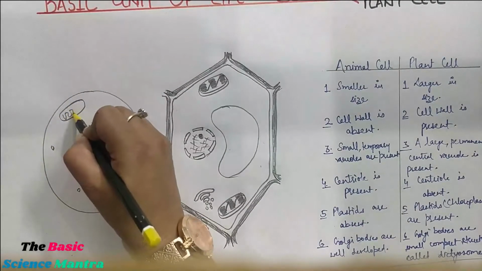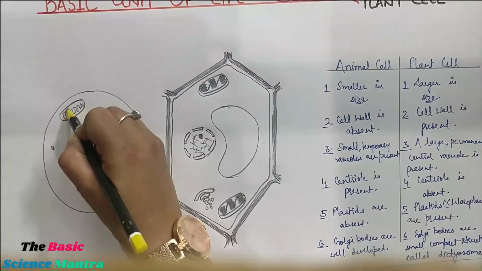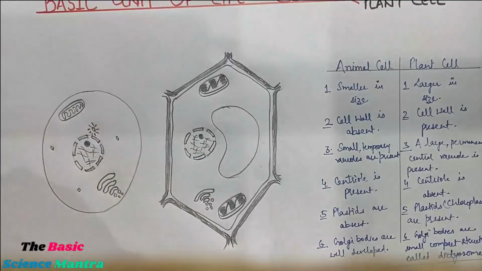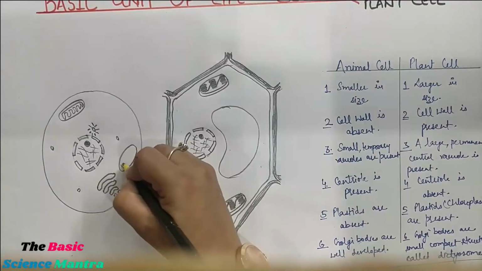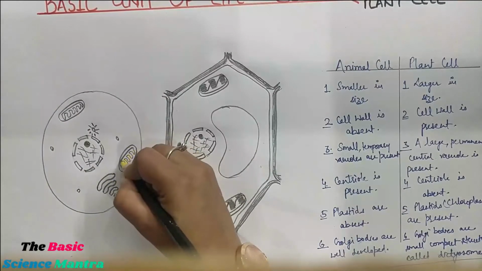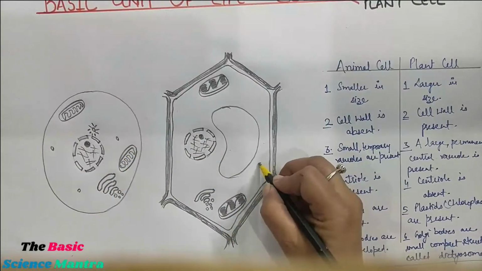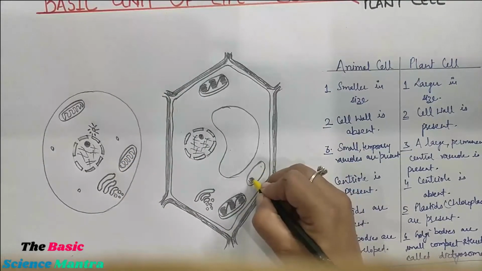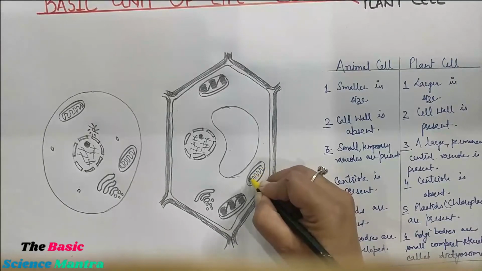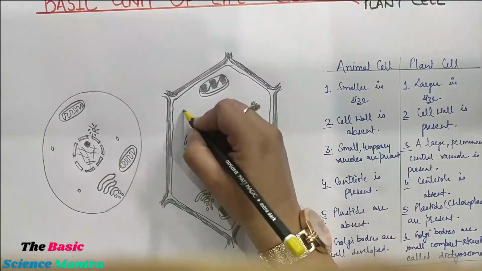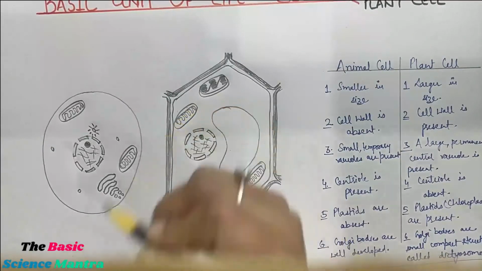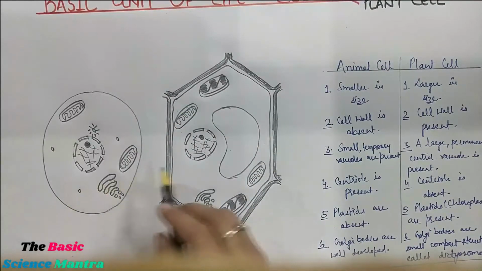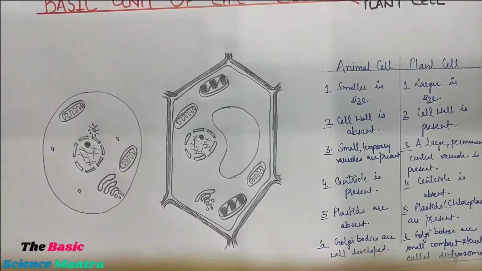The outer layer is plain, the inner layer is folded. Mitochondria is also called the powerhouse of the cell because it produces ATP. In both the cells we have drawn mitochondria.